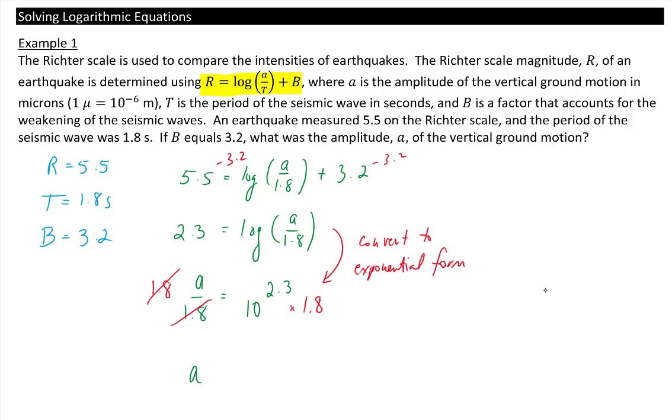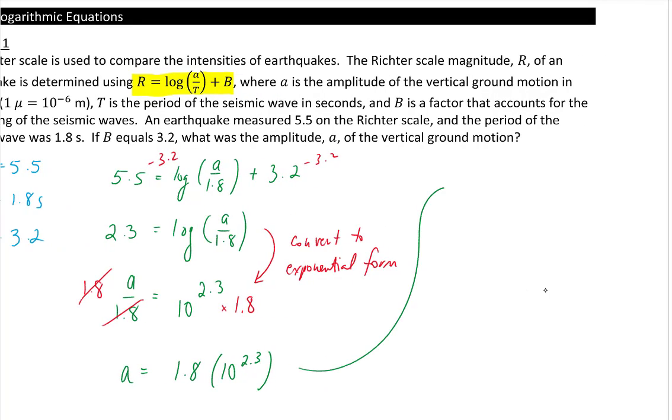So we end up with A is equal to 1.8 times 10 to the exponent of 2.3. And using your calculator, you should get that the amplitude of the seismic waves is approximately 359 microns.